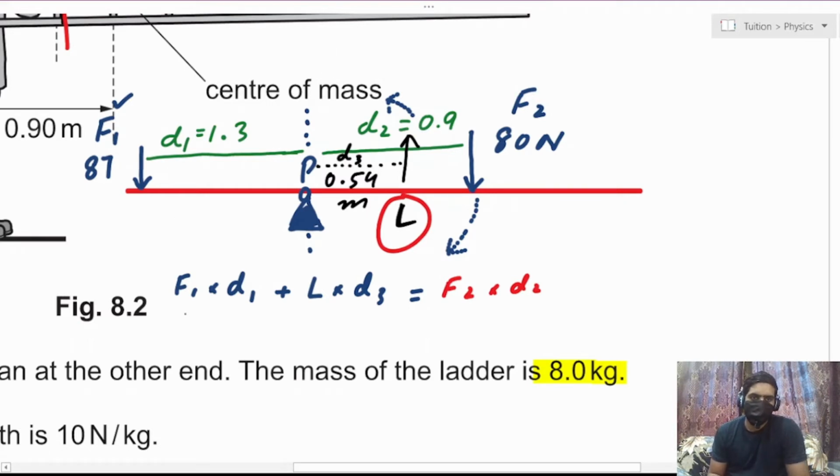F1 is given as 87, D1 is given as 1.3, plus force L is something that we need to calculate, so let's write it down as it is, times D3.